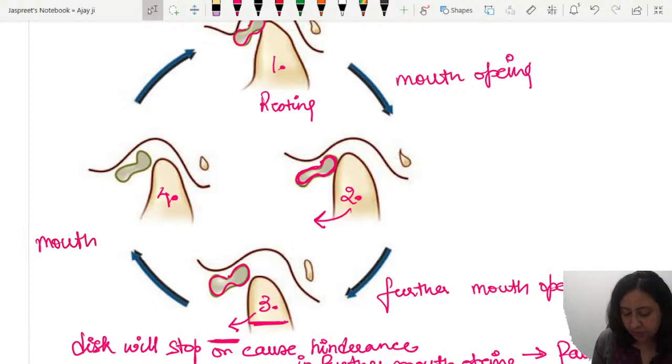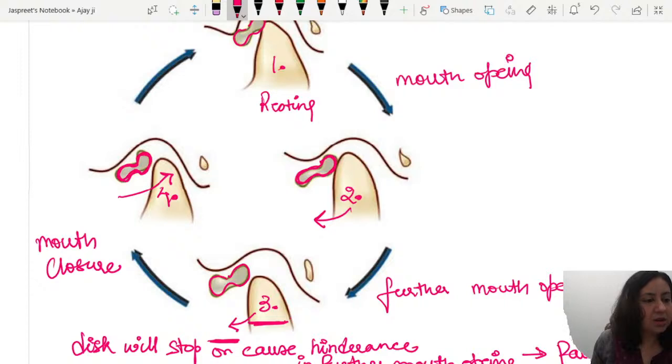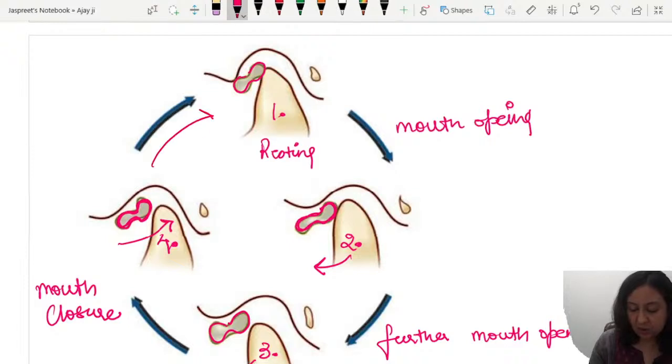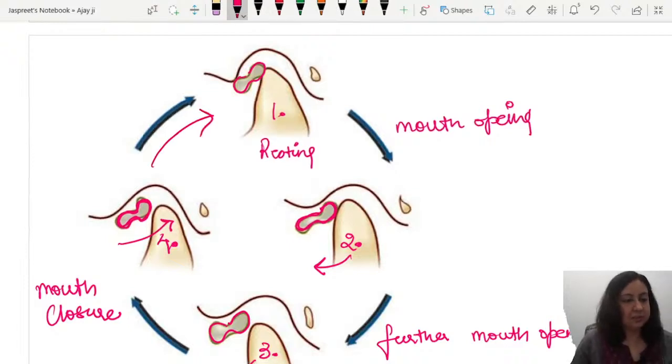Since it cannot open further, mouth closure happens and the condyle will go back, but the disc is at its position where it was causing hindrance. The condyle does not find a path to go ahead, so the mouth will close and they will come back to the original resting phase.